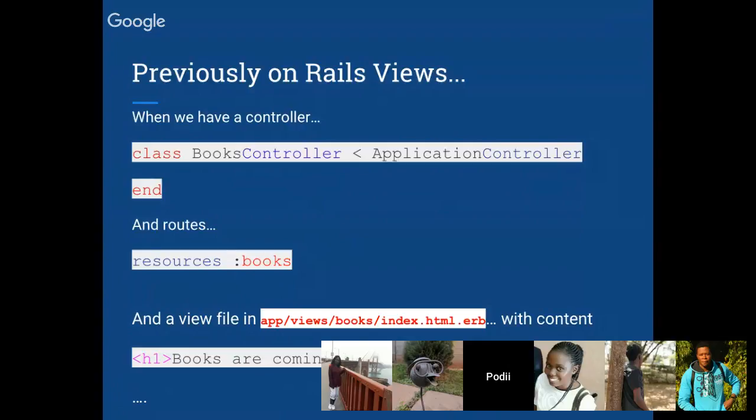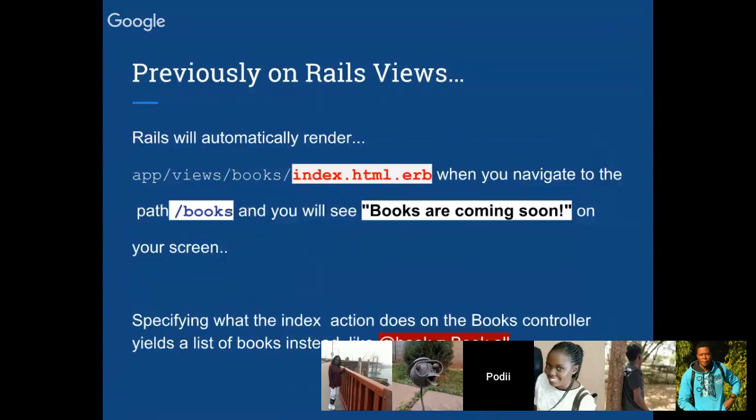Rails does that for us, so we don't need to know how it does that. Rails will automatically render that index.html when you navigate to the books path. So if I go to my localhost where I've started my server and I go to /books, it will go to the books template because I have told it to do a controller action that is linked to that template. So it will display "books are coming soon".